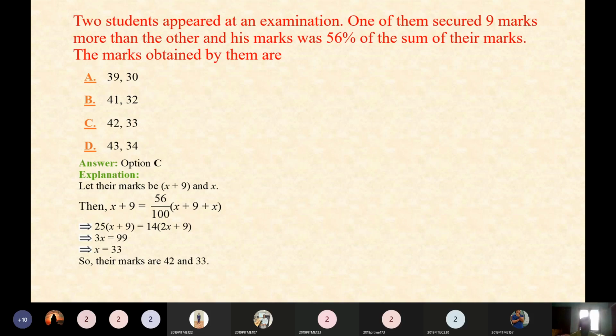To simplify this, you get 3x is equal to 99, x equal to 33. So one student got 33 marks and another got x plus 9, so 33 plus 9 is 42. The answer is 42 and 33. So option C is correct.